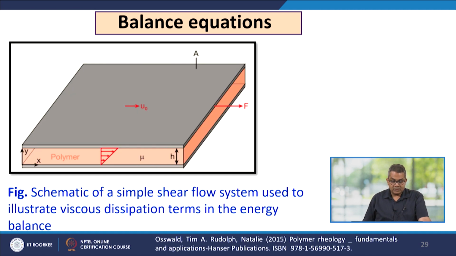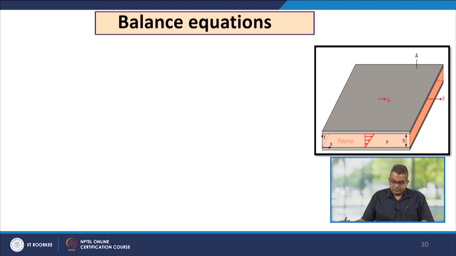This is the schematic of a simple shear flow system used to illustrate the viscous dissipation term in the energy balance. As an illustration, we will derive the viscous dissipation term using a simple shear flow system.